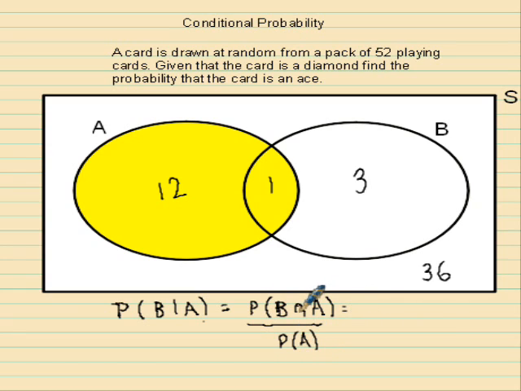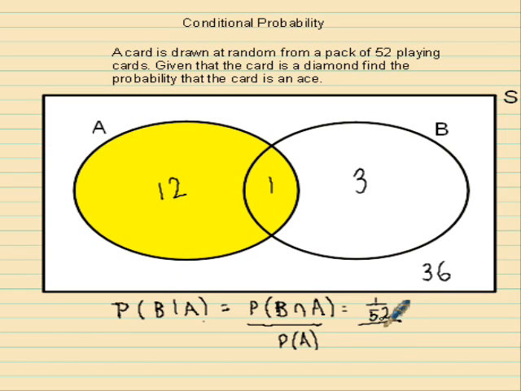So the probability of B intersection A, now what I'll do is I'll just highlight this so we're clear. B intersection A is this part of the Venn diagram. So this probability is 1 out of 52. And the probability of A is this area.